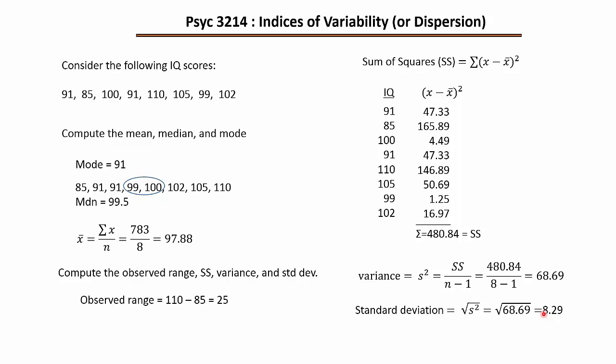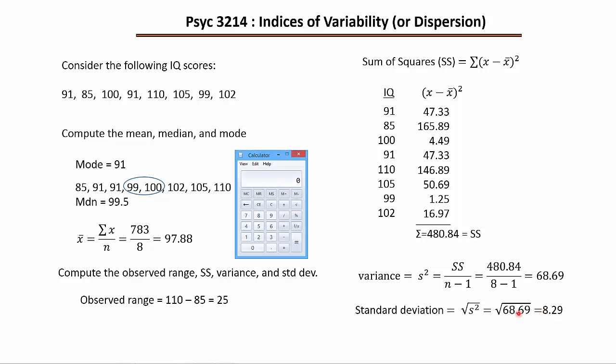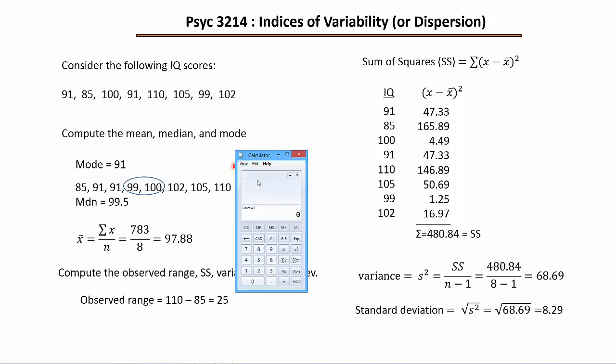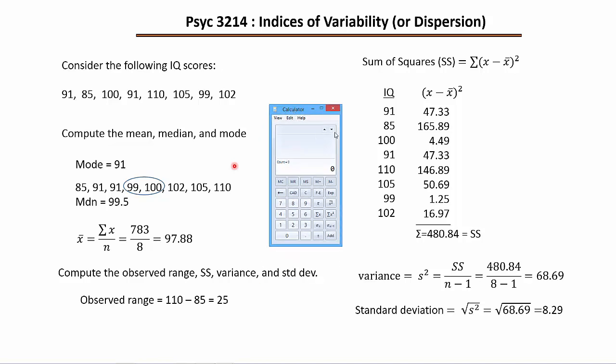Now let me quickly show you the statistics calculator because I want you to learn your calculator in a similar way, and we can see how we can get a lot of these computations done quickly. So I'm going to switch on the calculator, and now here, the Windows calculator, I'm going to switch it to the statistics mode. And I'm going to enter these numbers now, so 91, add that to the list, 85, and so forth.